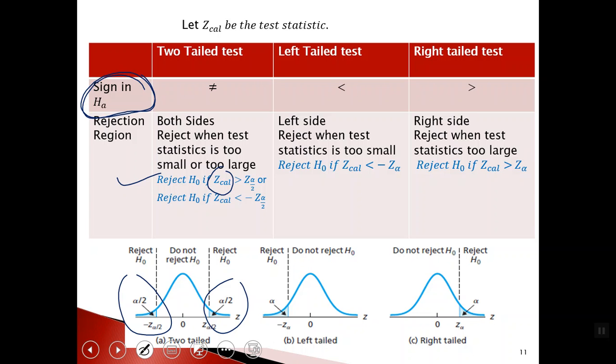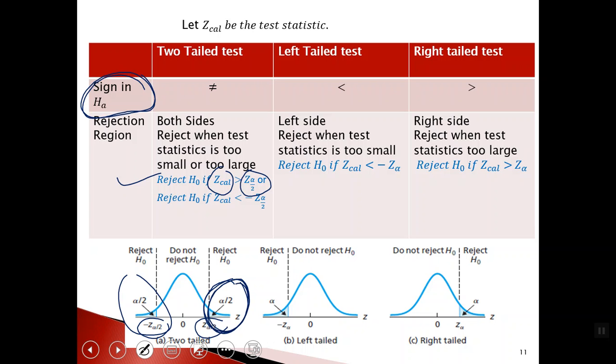What is alpha? The given significance level. I told you that you have to consider alpha over 2. Z alpha over 2 is this value. See, these are the Z alpha values, one is negative, one is positive. In this case, reject H naught if your calculated value is greater than positive Z alpha over 2, which means reject if your Z cal value is within this area.